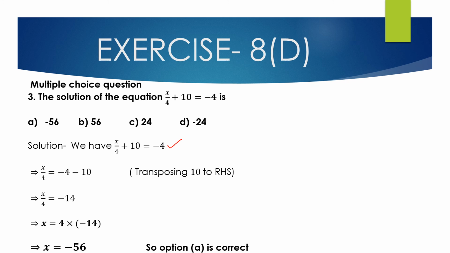Now x divided by 4 plus 10, this plus 10 transposes to the right hand side, this plus symbol changes to minus symbol. Now we get x divided by 4 equal to minus 4 minus 10, and minus 4 minus 10 is minus 14. Now we get x divided by 4 equal to minus 14.